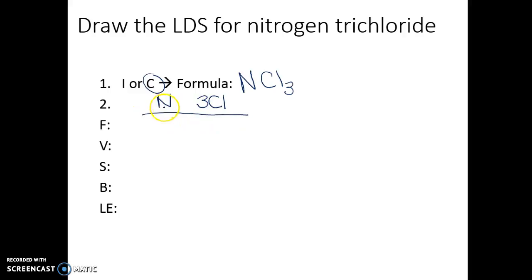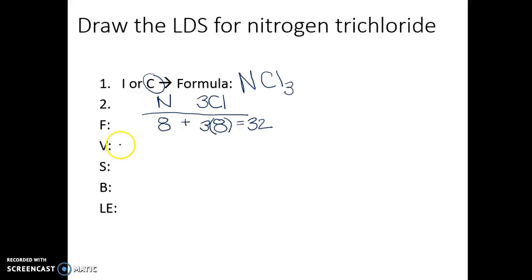So we're going to go with F first, the full or max number of valence electrons. Nitrogen's going to want 8 to be happy. I'm going to add that to the 8 that chlorine also wants to be happy, but remember I have 3 chlorine, so 3 times 8. That's going to give me a total of 32 electrons.